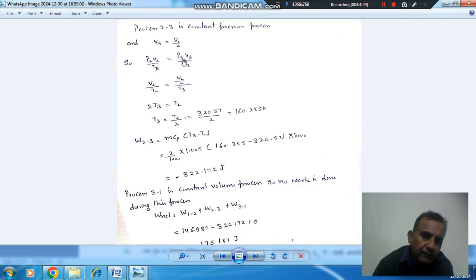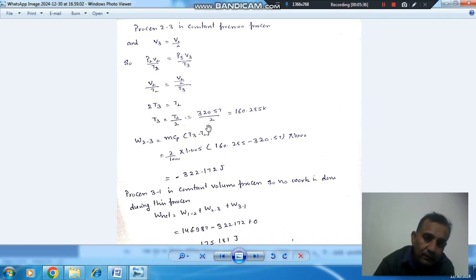Since pressure is constant, P2 cancels P3, and we get 2 T3 is equal to T2. T2 is 320.57, so T3 is 160.285 Kelvin.